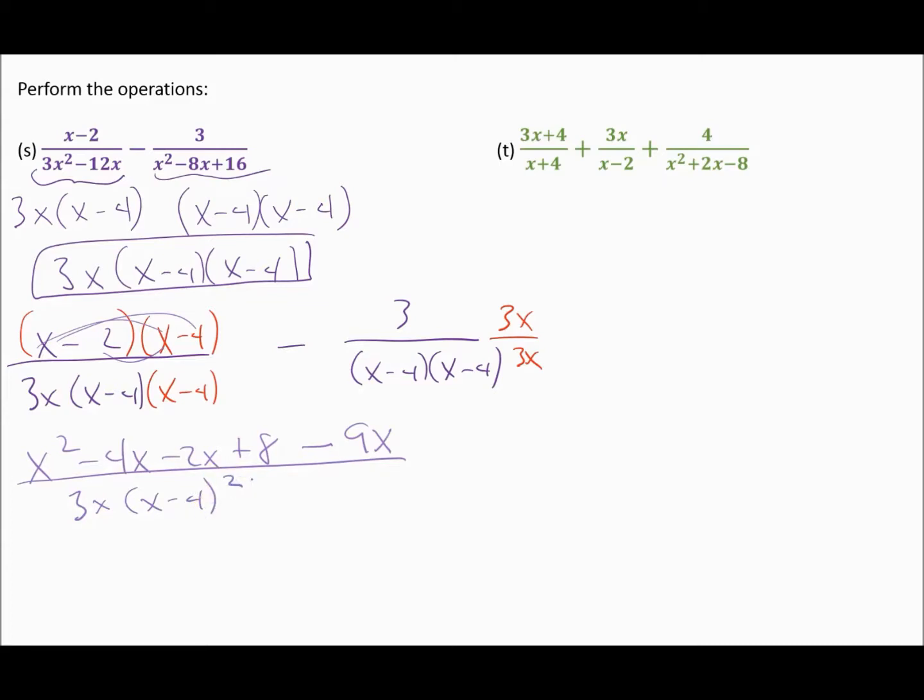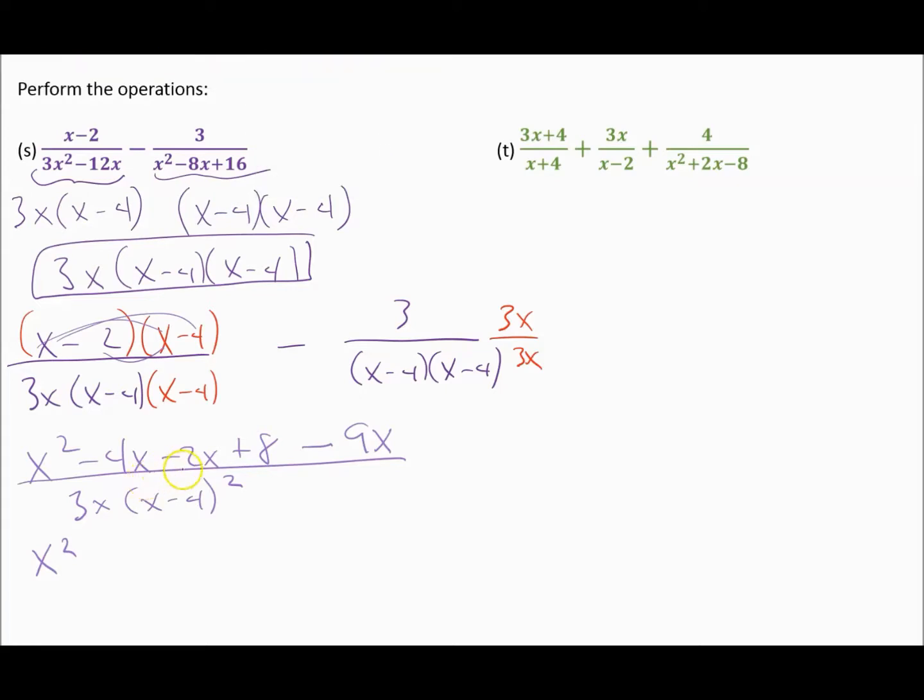I continue to add like terms. I have an x squared. Negative 4x minus 2x is minus 6. Uh-oh. I jumped the gun again. Adding like terms, I wasn't looking at all the like terms for x.